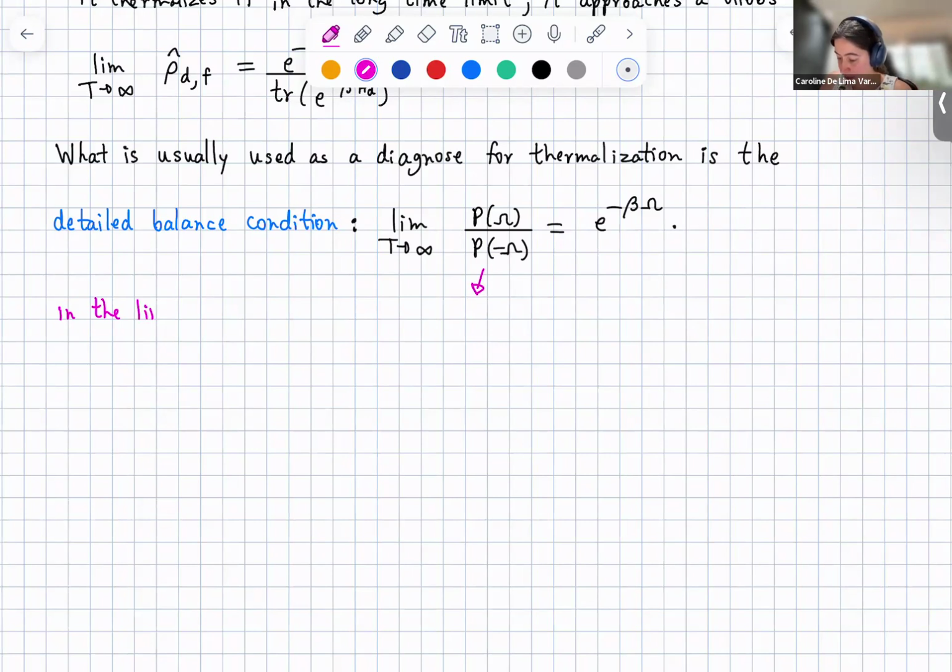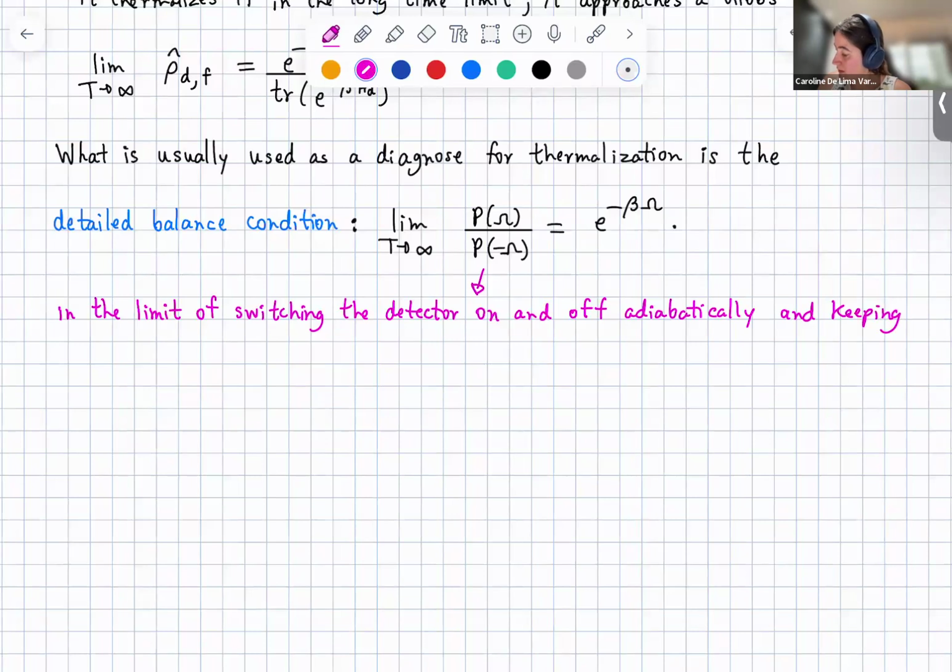So I want this limit of switching the detector on and off adiabatically and keeping it on forever.